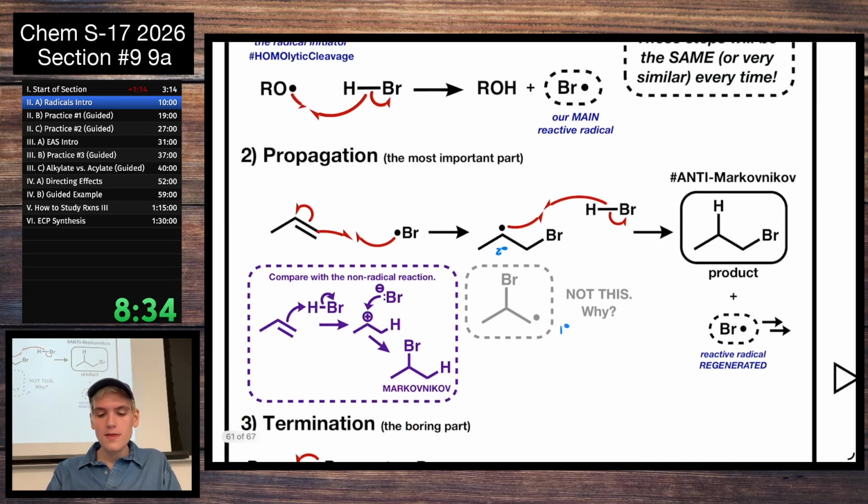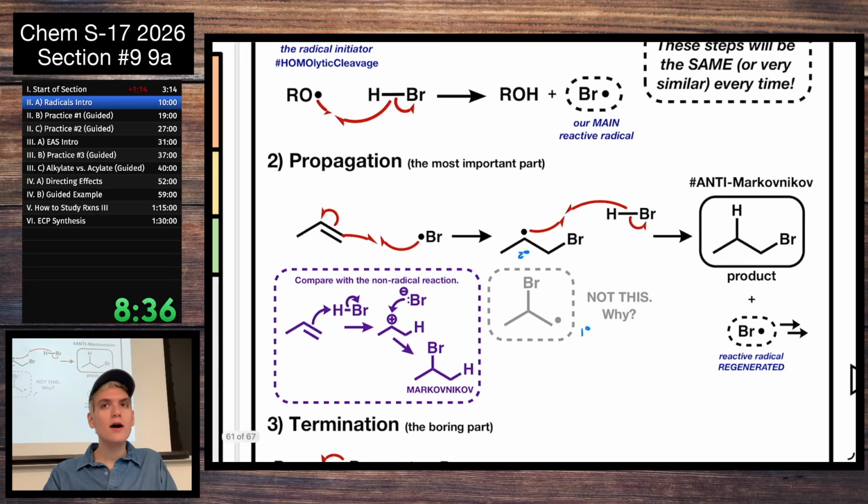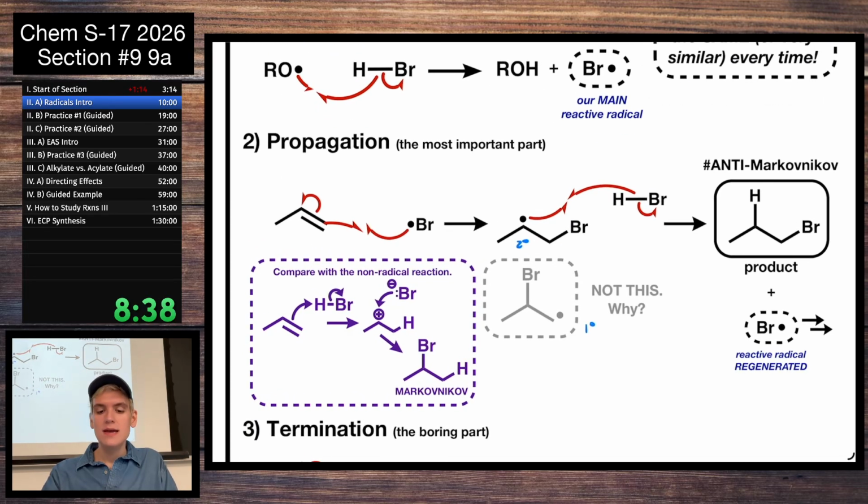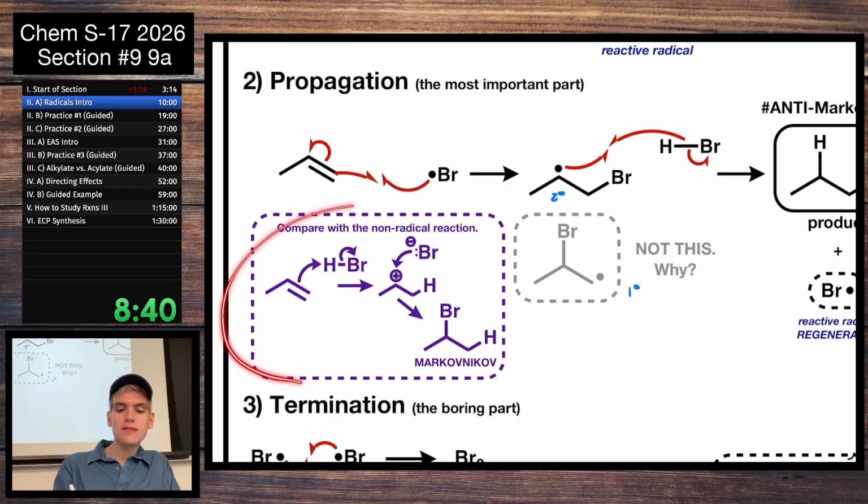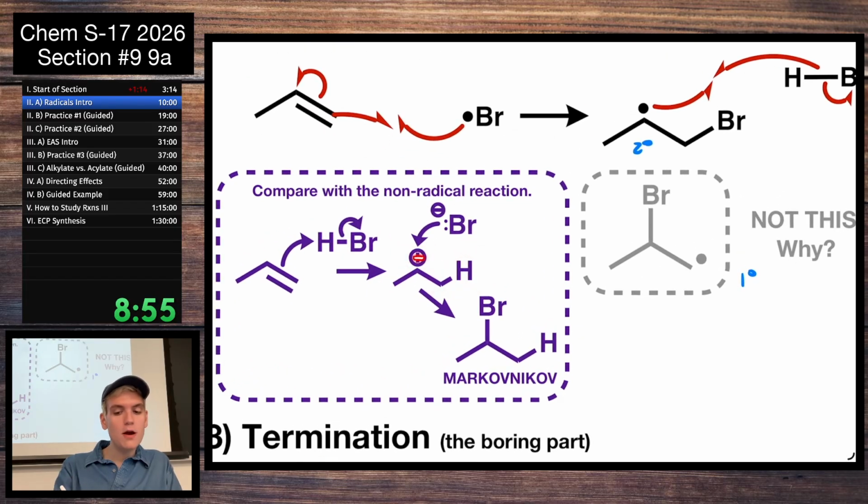So with this, why do we get anti-Markovnikov? Why does this happen? It's because when we do this with normal HBr, no radicals, the step that we are doing first is grabbing the hydrogen first and making a carbocation. When we grab the hydrogen first and make the carbocation, again, our guiding principle is we want to make our most stable carbocation here, and our H is added to the less substituted side.